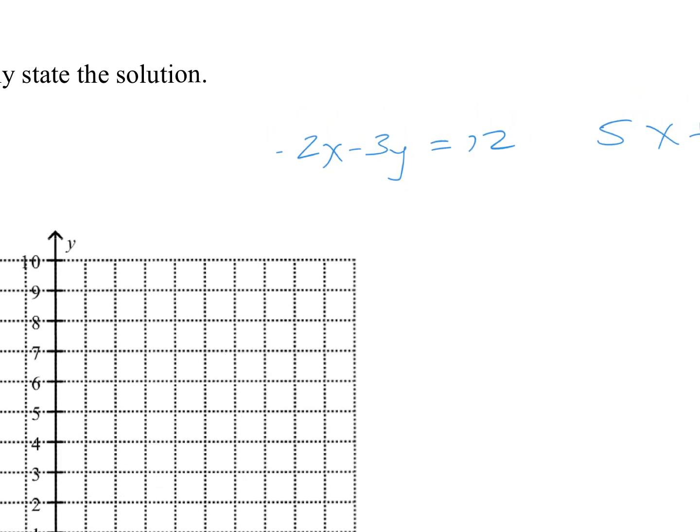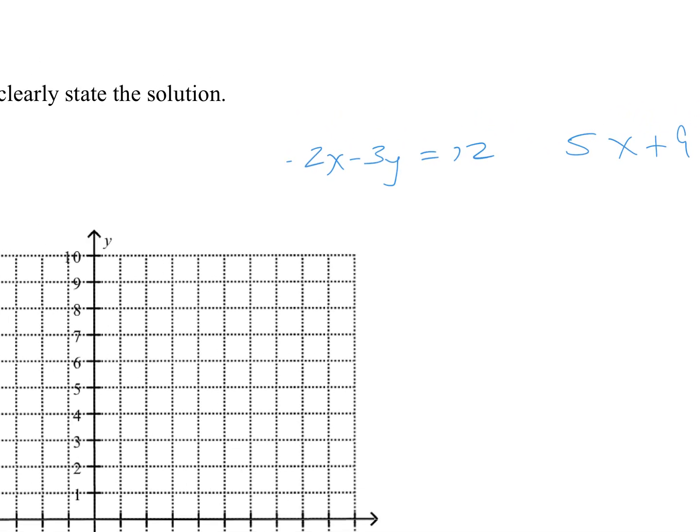In this first one, let's move the 2x and get the 3 to go away. So I'm going to add 2x to both sides. So you have negative 3y equals 2x plus 12. And then I divide each side by negative 3, correct? So when I do that, I get y equals negative 2/3 x minus 4.